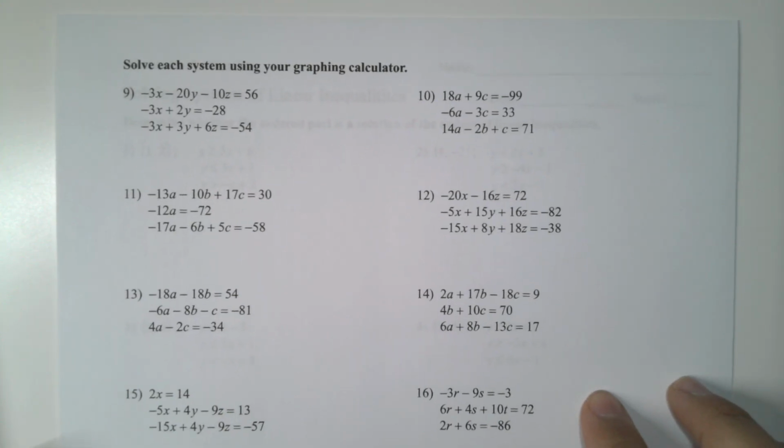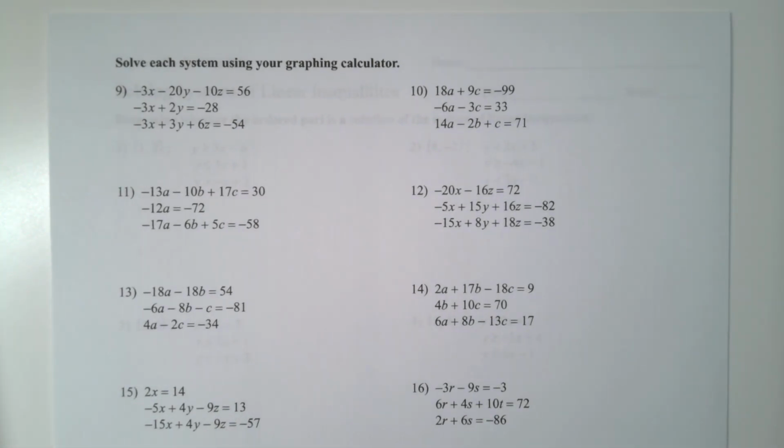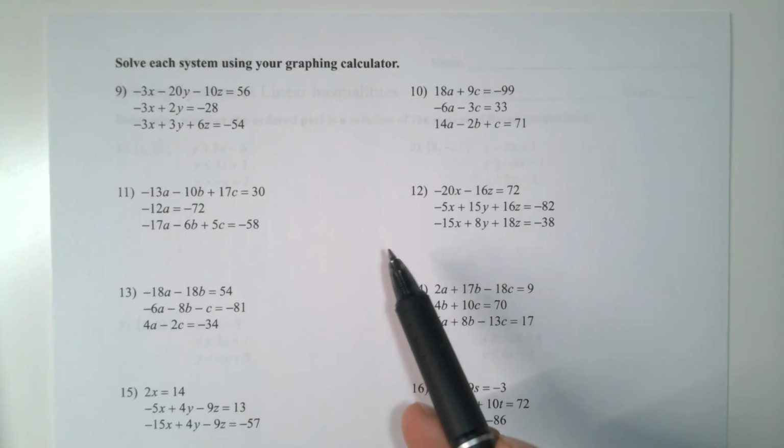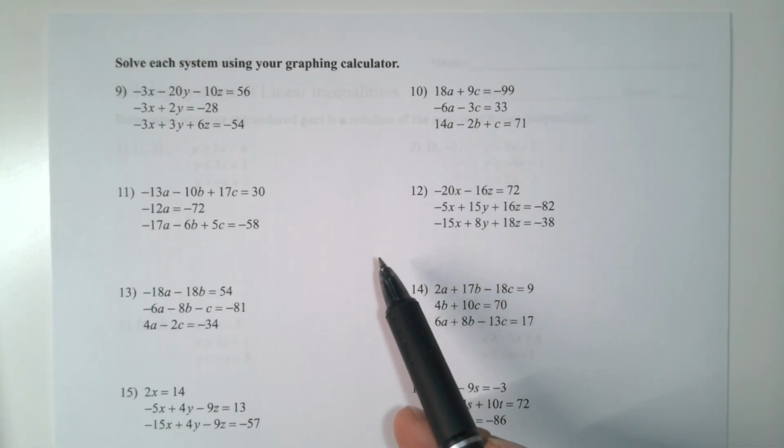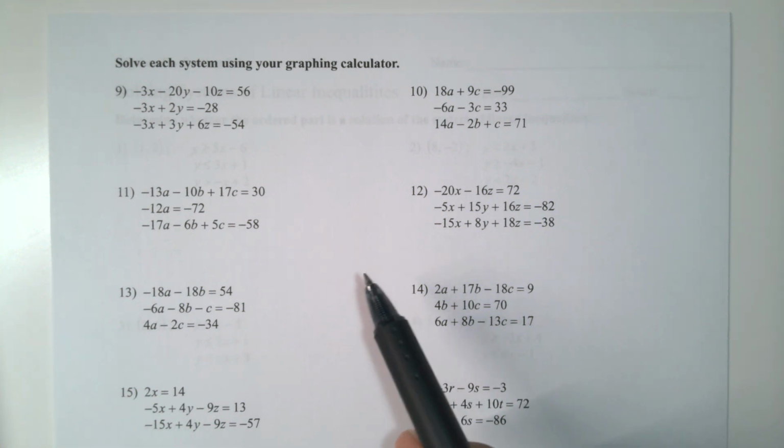And just like before, we're going to solve these systems of equations, but you have a lot less space to actually do these. In fact, these problems are going to be harder than they were for when we were solving these by substitution and elimination.